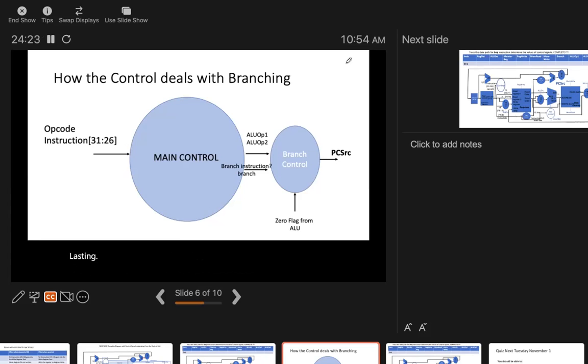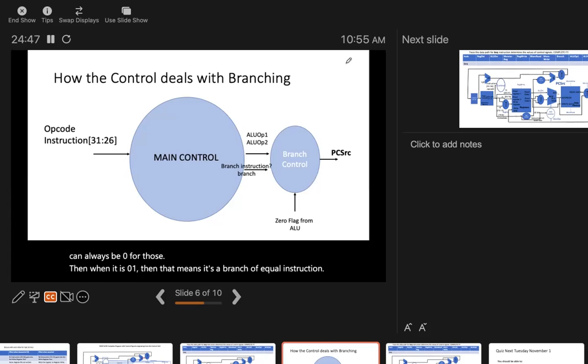All right. So shall we fill the truth table now? When ALU op1 and ALU op2 are both zeros, that means it's a load store instruction. Should the branching ever happen in that case? No. So PC source can always be 0 for those. When it is 0, 1, then that means it's a branch if equal instruction.